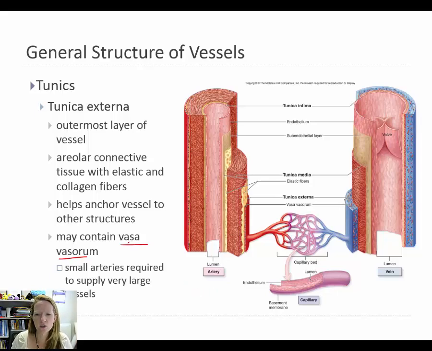That's what the vasa vasorum does, is with these larger vessels that have a thicker wall layer, it has its own little blood supply to it, which is interesting to me.